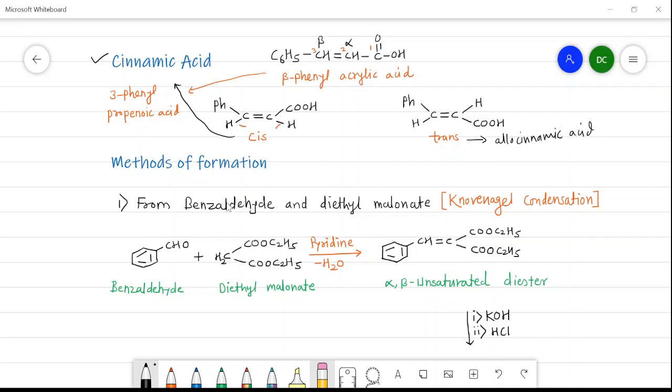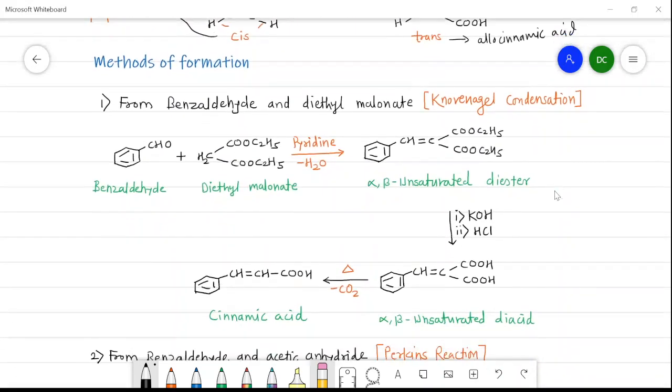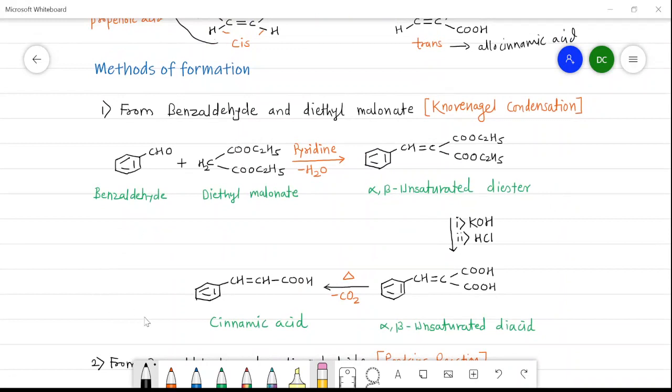See, the first method of formation of cinnamic acid is from benzaldehyde and diethyl malonate. It is the famous Knoevenagel condensation reaction, which is frequently used in organic synthesis and organic chemistry to synthesize a number of heterocyclic compounds as well as a number of drugs and medicines.